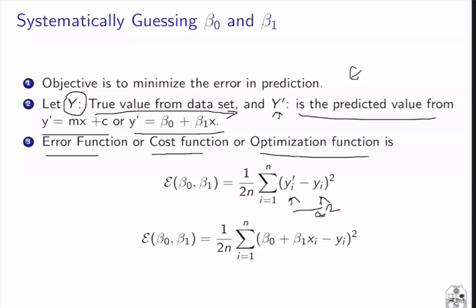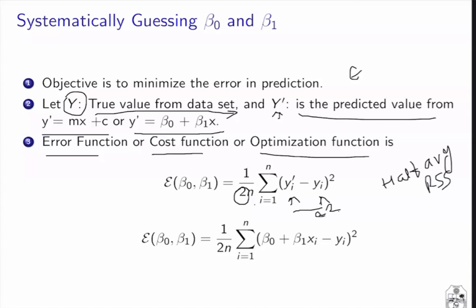We have added all the individual error terms, divided by n to take the average, and then divided by 2, so we have taken half of the average of the residual sum of squares. Why have we taken the half? Because we are going to see that it makes the calculation somewhat convenient.